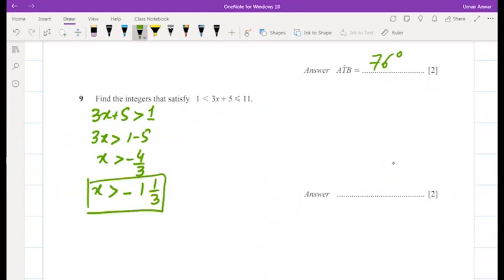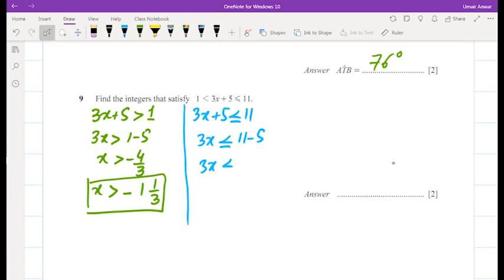This is the answer for the first inequality. The second inequality says 3x plus 5 is less than or equal to 11. So we move 5 to the other side of the inequality, we get 3x less than or equal to 6, and x is going to be less than or equal to 2 here.